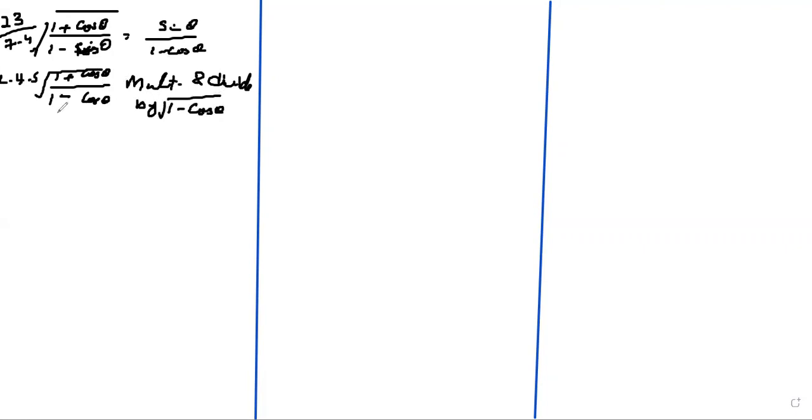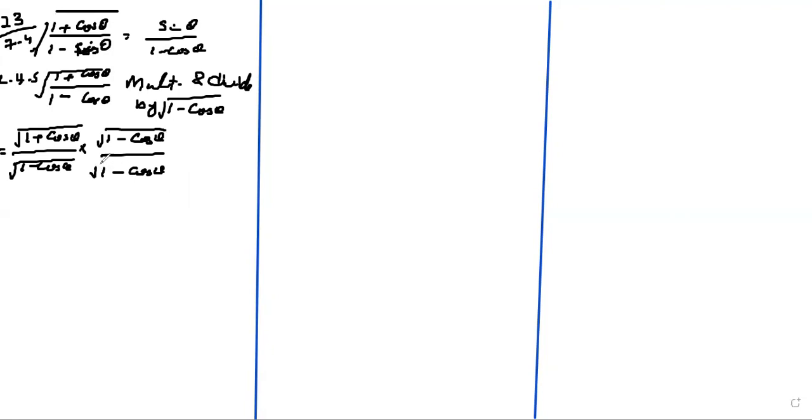Okay, what will happen? We'll write them separately. 1 plus cosine theta divided by 1 minus cosine theta, and we just multiply and divide by 1 minus cosine theta divided by 1 minus cosine theta.